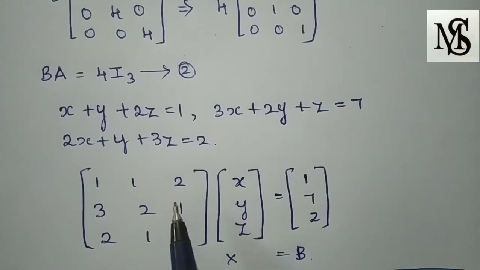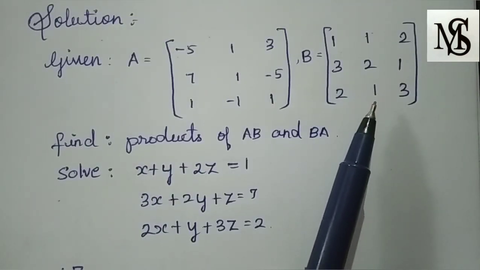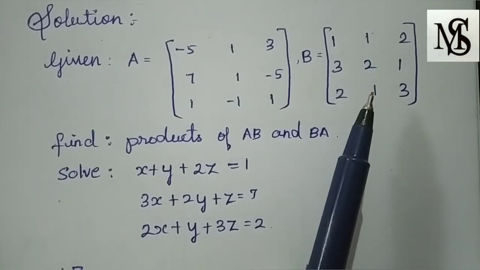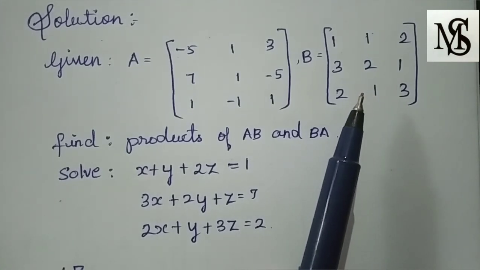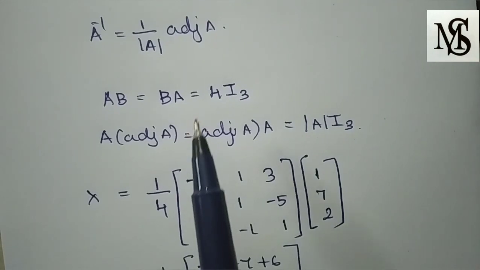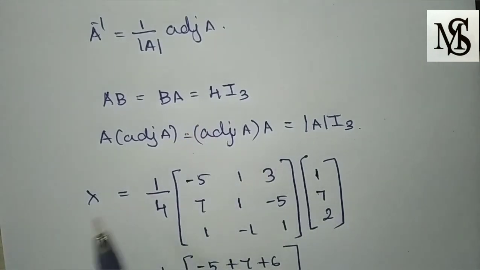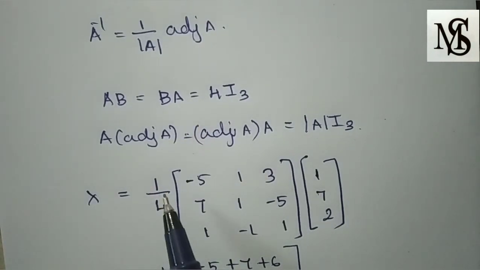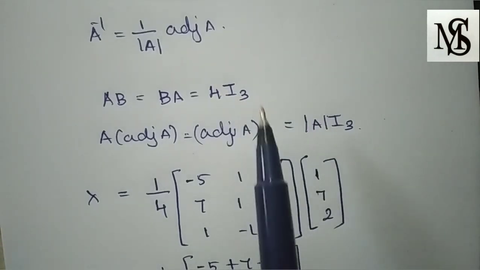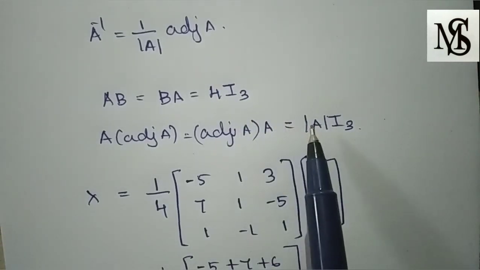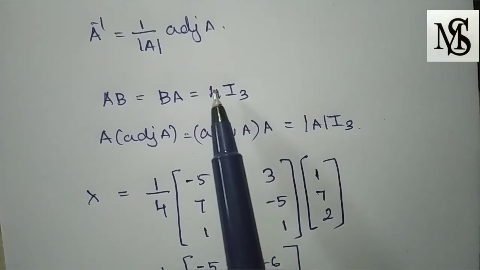If we observe this matrix, it is matching with this B matrix. So the B matrix is there, and the A matrix. If that is matching, we can compare both the equations. So if we compare the condition and the property, we get modulus A is equal to 4.